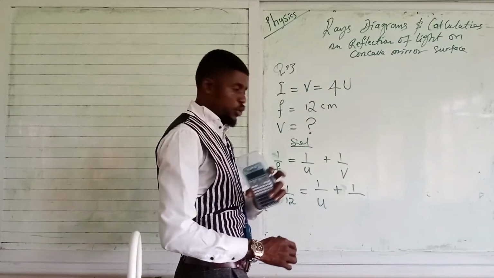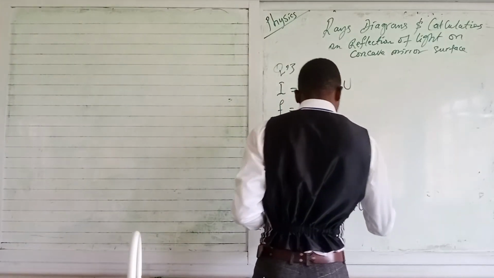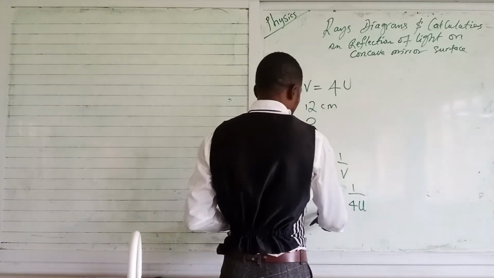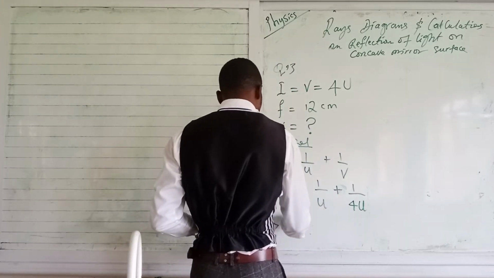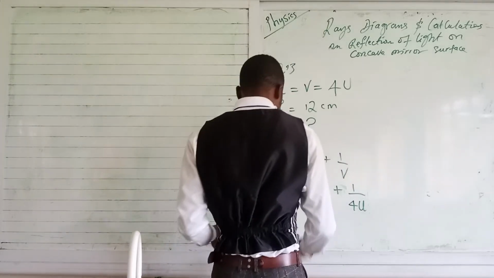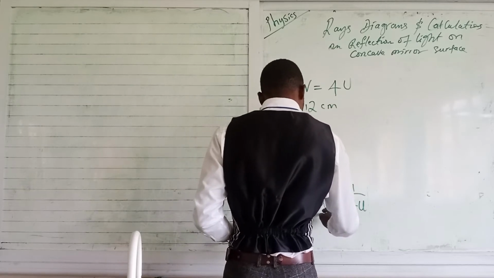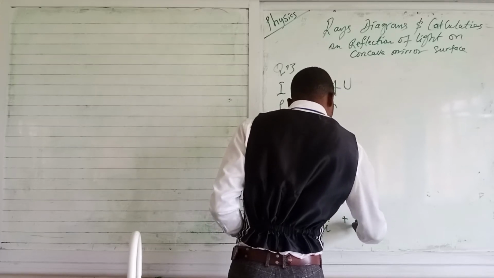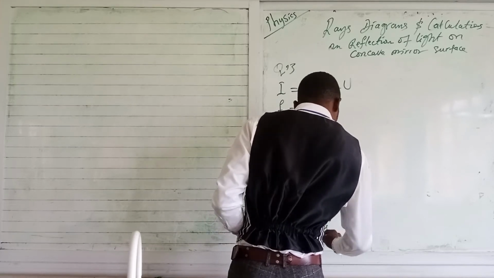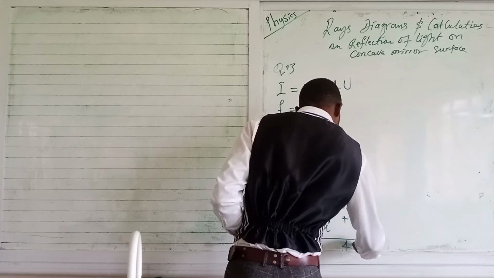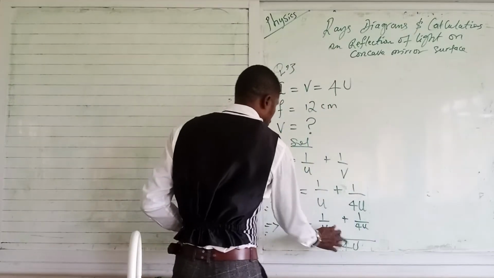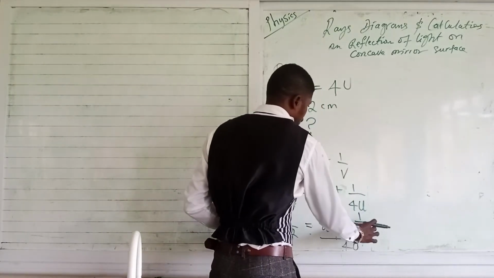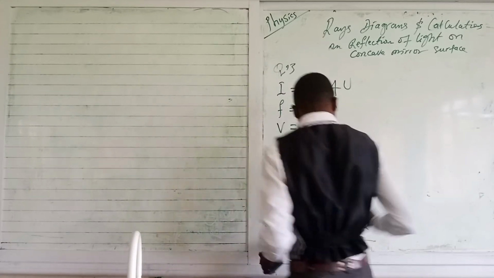Your v is defined as 4u, so you write 4u. The next thing is to find the LCM of u and 4u. So 1 over 12 is equal to 1 over u plus 1 over 4u. Divide by 4u: 4u into u will give you 4. Bring this one down, plus 4u into 4u will give you 1.